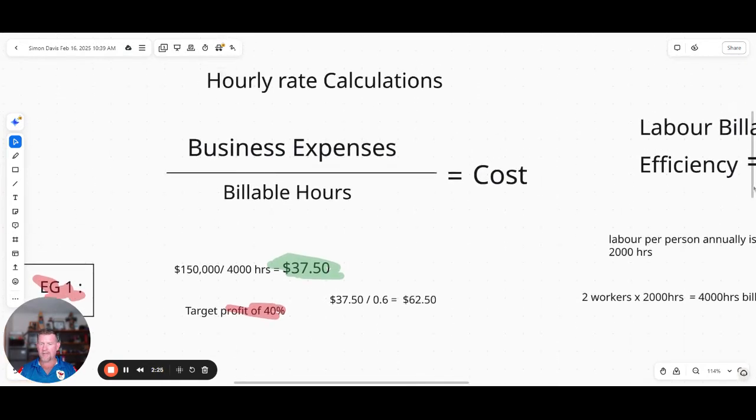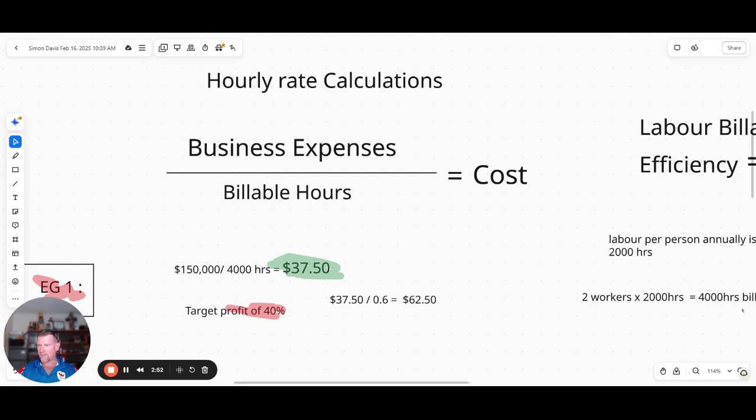So that includes your power, your fuel, your employees, your lights, phone, uniforms, everything that you need to operate your business to go out and earn a dollar. That's what the business expenses are. So it's 150,000 in this example.